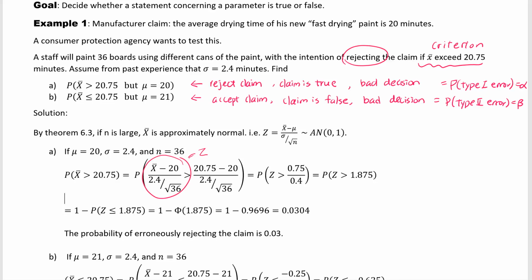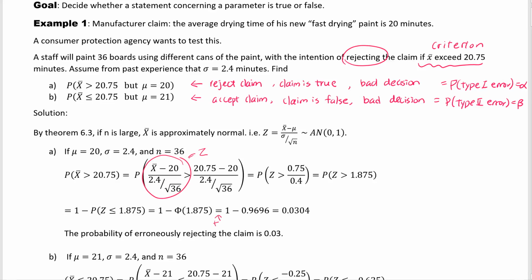For the standard normal distribution, we use table 3, the CDF values, to calculate. For the CDF values, we need to see less than or equal. So when we have greater than, we use 1 minus the probability of z less than or equal to 1.875. That is the same as 1 minus the CDF value at 1.875, and then we can find it in our table, and we get the number 0.9696.